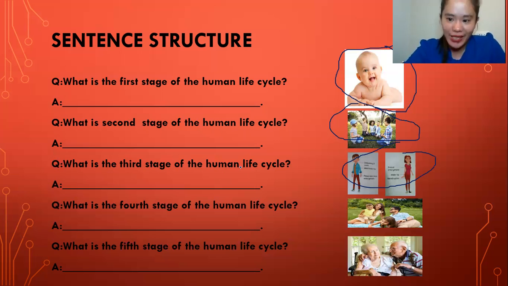No, it's adolescence, right? Okay, it's adolescence. So number 4. What is the fourth stage of the human life cycle? It is adulthood. Okay, next. And then the last one is what is the fifth stage of the human life cycle? The fifth stage of the human life cycle is old age.